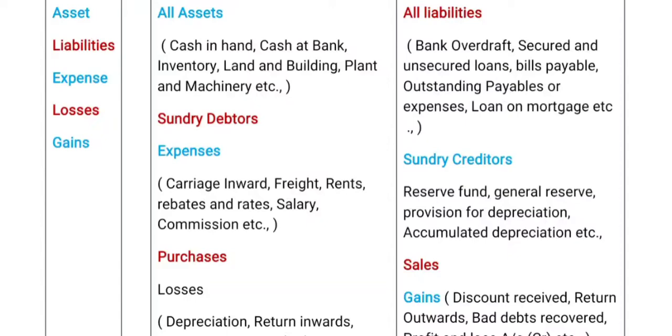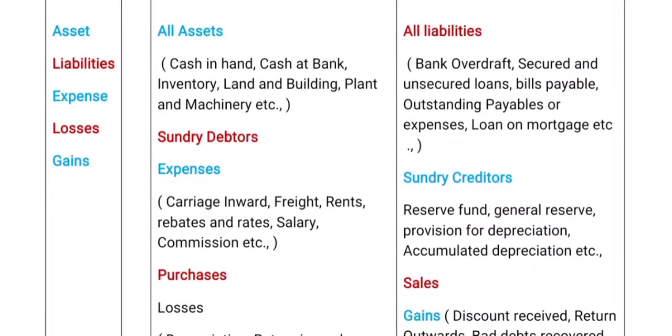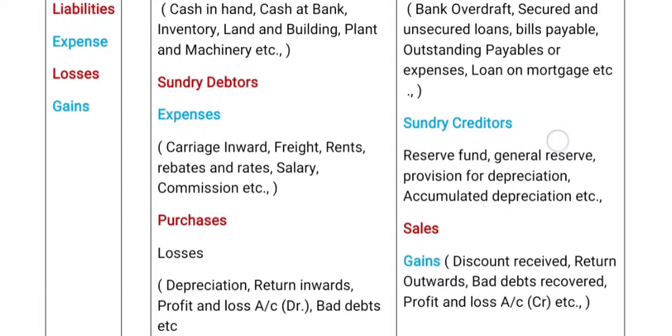Then we come to the credit side, liabilities. Here all liabilities are included, like bank overdraft, secured and unsecured loans, bills payable, outstanding payables or expenses, loan, mortgage, etc. Now we discuss sundry debtors on the debit side, and on the credit side it is sundry creditors.